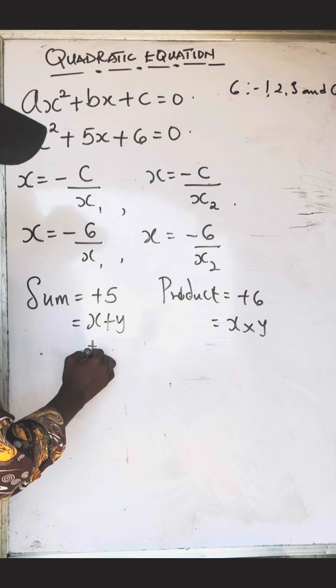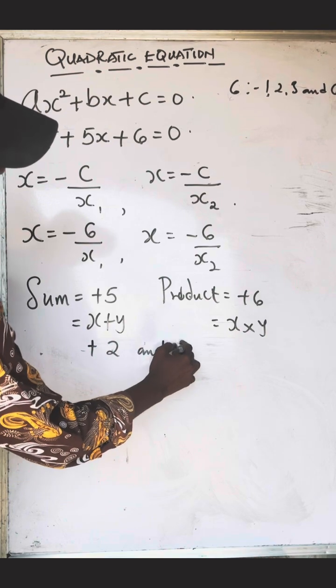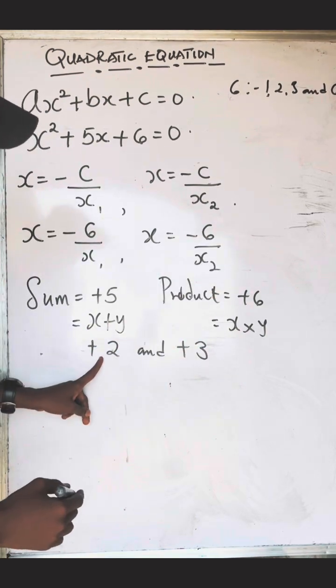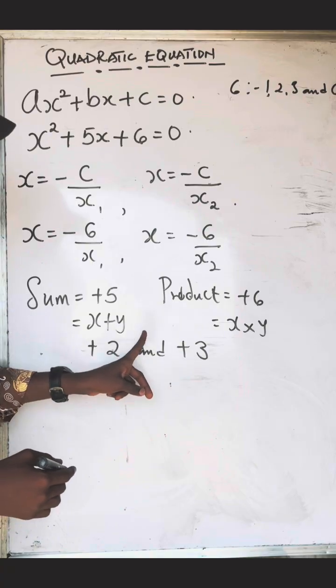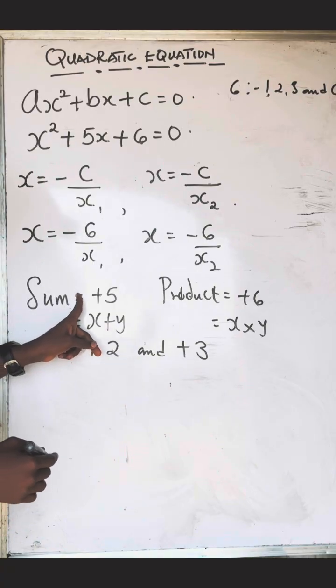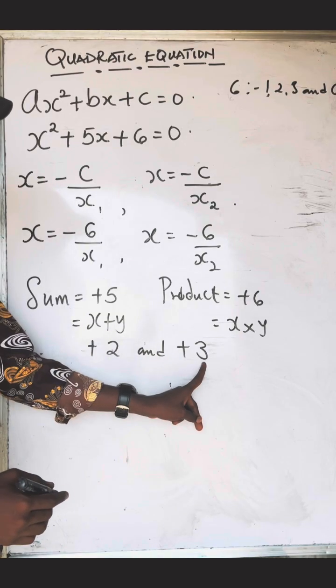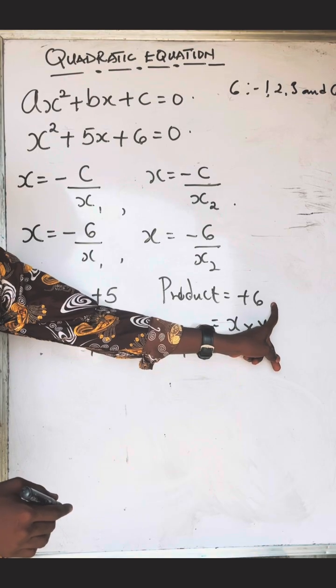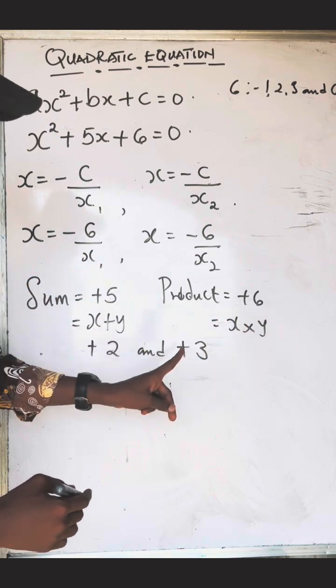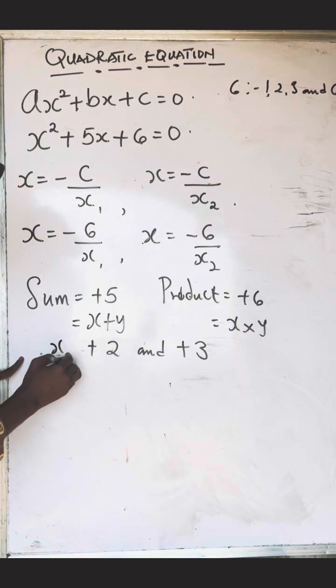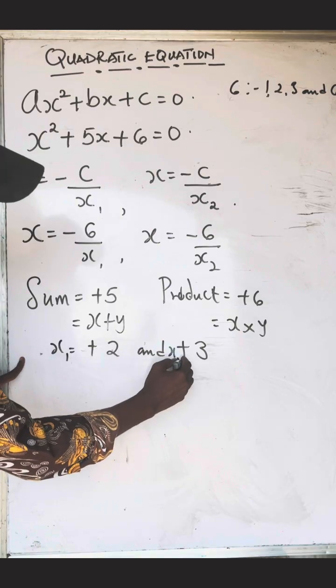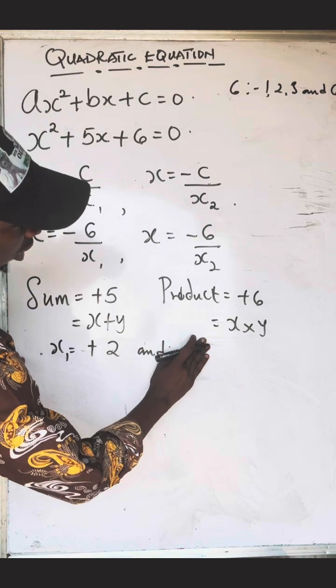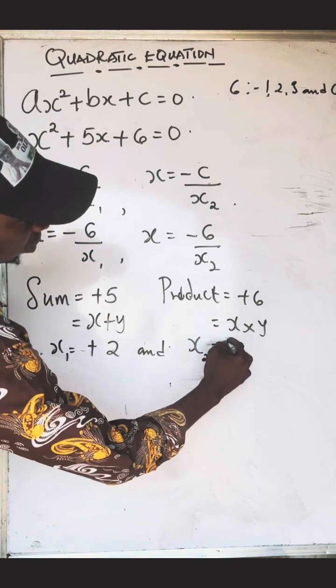If I add plus 2 and plus 3, I'll get a plus 5. If I multiply plus 2 and plus 3, I'll get a plus 6. Automatically, I've gotten my x1 and my x2 now.